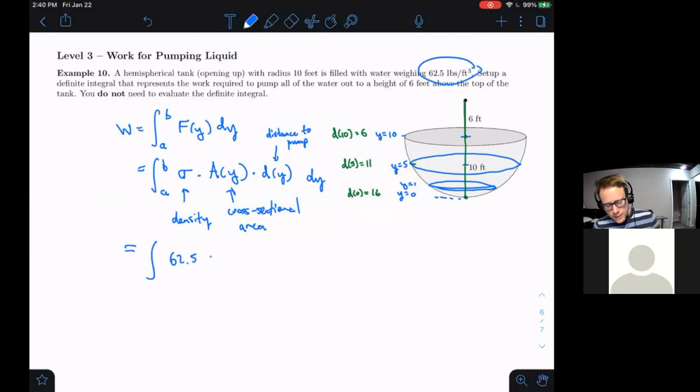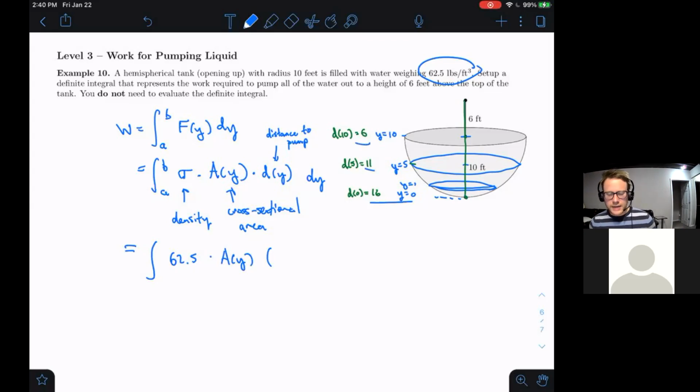62.5. The cross-sectional area is the most difficult bit. That's the part that I'm going to leave for last. The distance is always a linear function. It's very much like these cable problems. And so as we saw here, the stuff that's at height 0 needs to be pumped a distance of 16 feet. The stuff that's at height 5 needs to be pumped 11 feet.